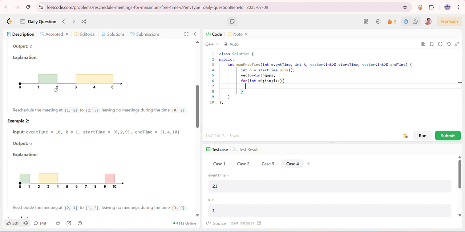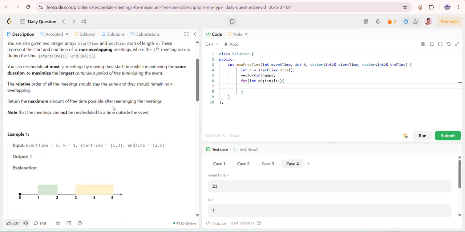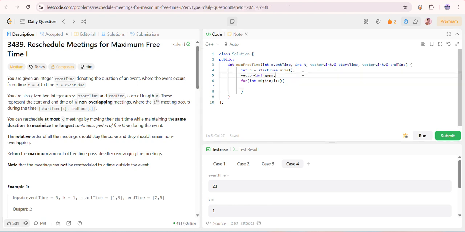So what can we do? We can take the next meeting and subtract the ending time of the present meeting from the starting time of the next meeting to get the gap between them. For example, 3 minus 2 here gives 1. And we also have to see this: suppose the last meeting ends at 10, and your event time is 11, so there will also be a gap of 1 for this.